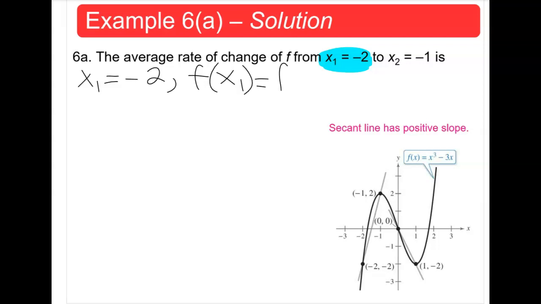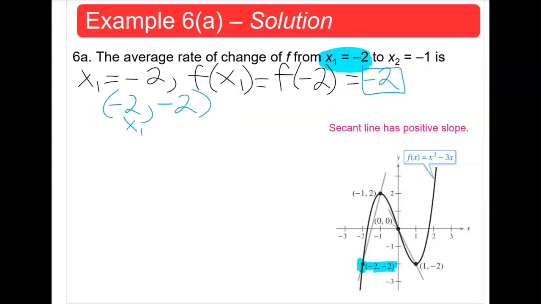In other words, what is the y value when x sub 1 is negative 2? We look at the graph, and we have this point here. We see that if the x value is negative 2, the y value is also negative 2. So we have the point negative 2, comma, negative 2. This is x sub 1, and this is f of x sub 1.